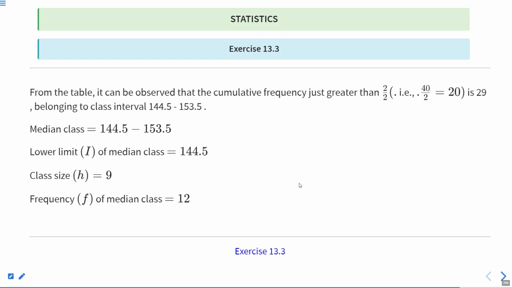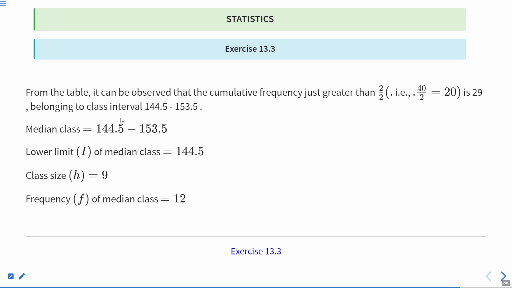From the table it can be observed that the cumulative frequency just greater than n by 2, that is 40 by 2, equal to 20, is 29. This value belongs to the class interval 144.5 to 153.5.